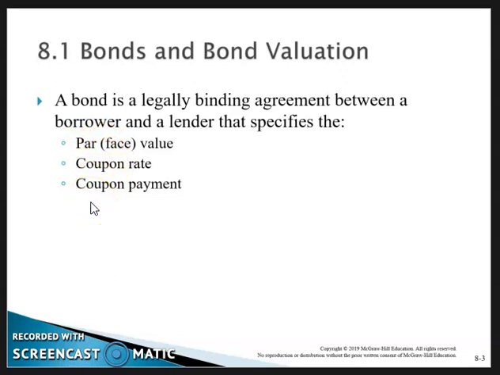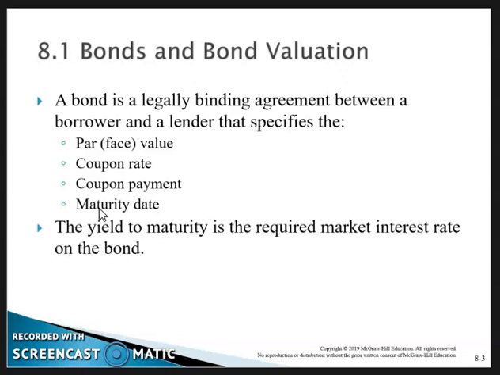Note most bonds pay interest semi-annually. Maturity date is when that principal, another word for the par or face value, is returned to the person that bought it or that owns the bond.